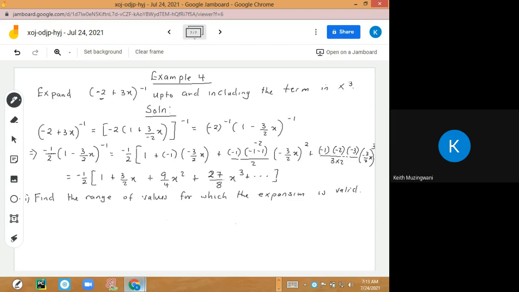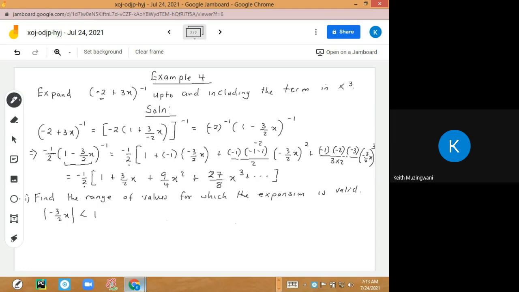So you say, okay, we'll pick it from here. Get negative 3 over 2x, make its modulus less than 1. Forget about the half which is outside. We are just talking about what is in the brackets, because that's where the expansion is. That number outside, it is still outside until we are done with the expansion.